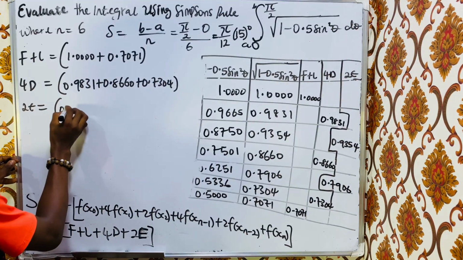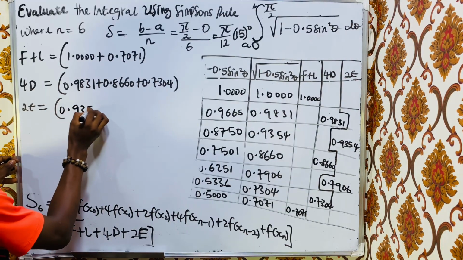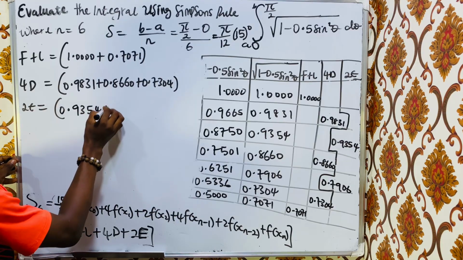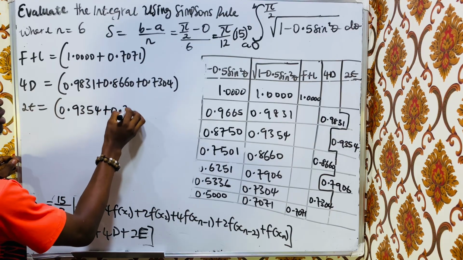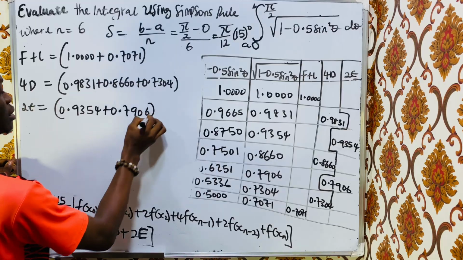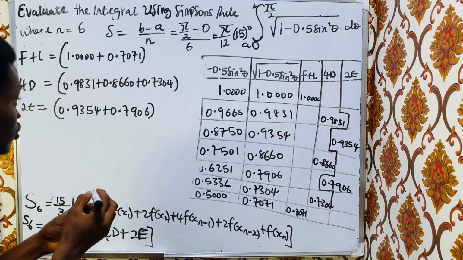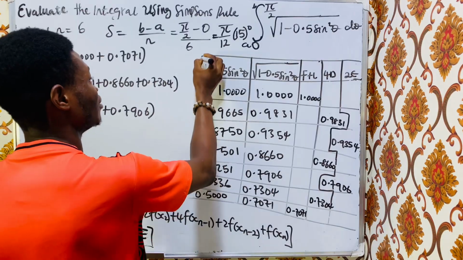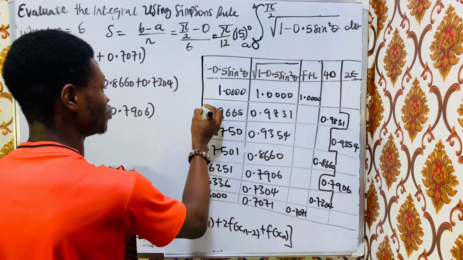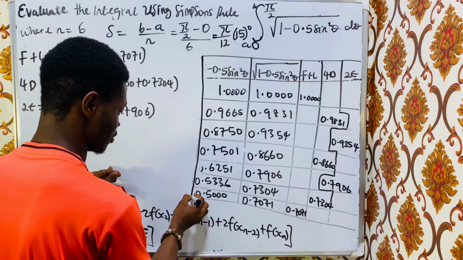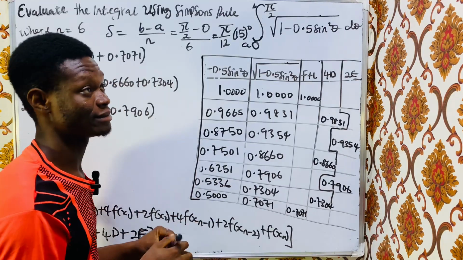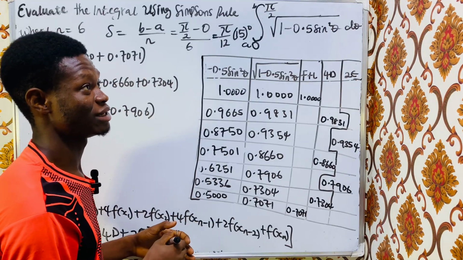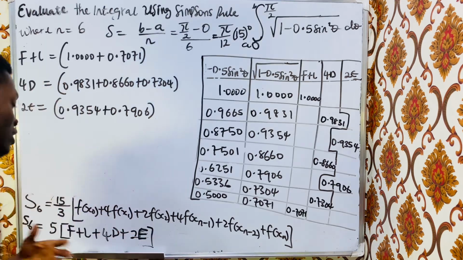So 0.9354 plus 0.7906. So you can still call it remaining even numbers. If you still like, you can call it even numbers. But actually it is remaining, so remaining even number.